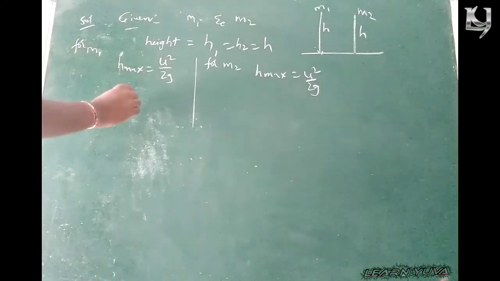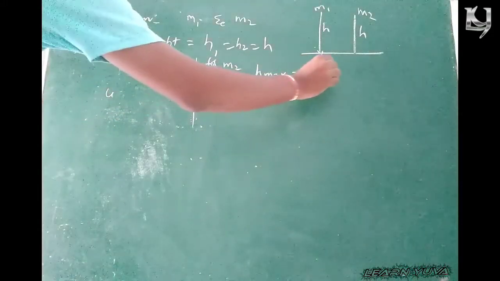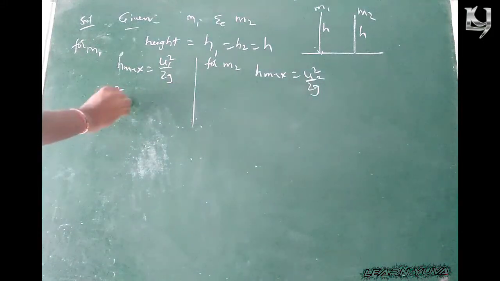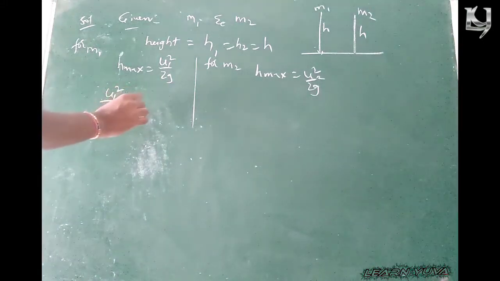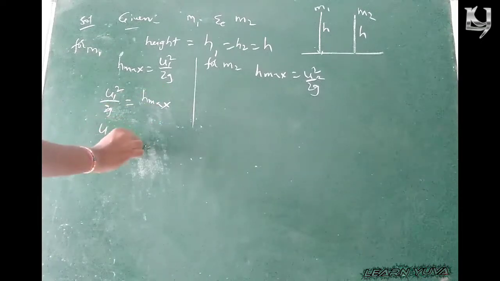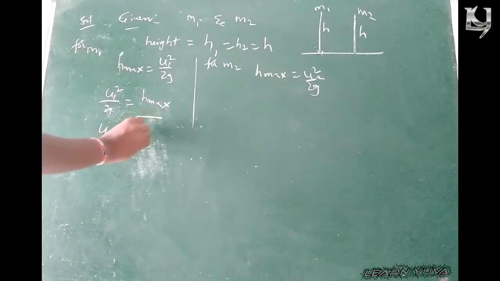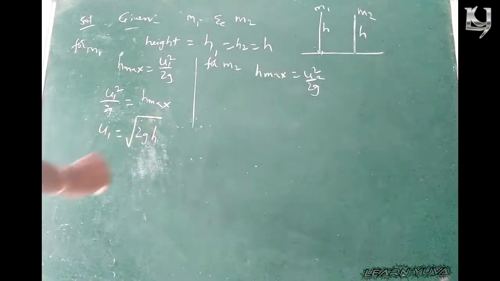U we have to find out. u1, let it be u2. u1 square by 2g is equal to h max. u1 is equal to square root of 2gh.